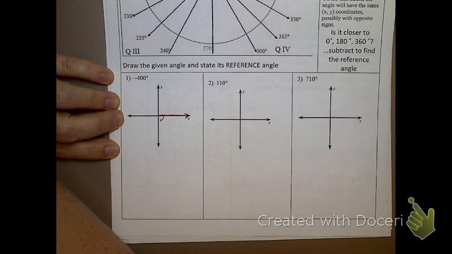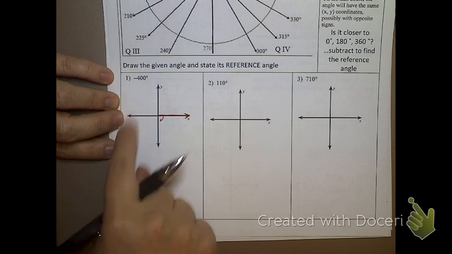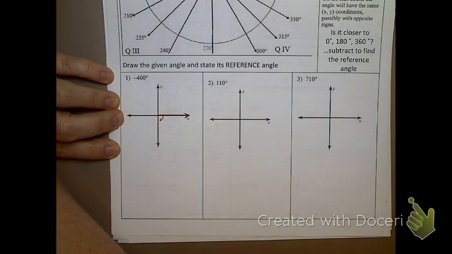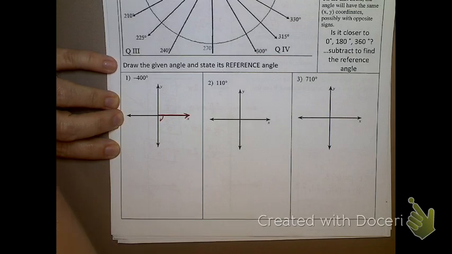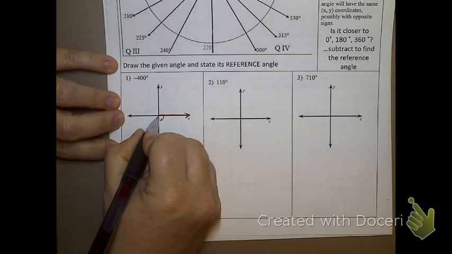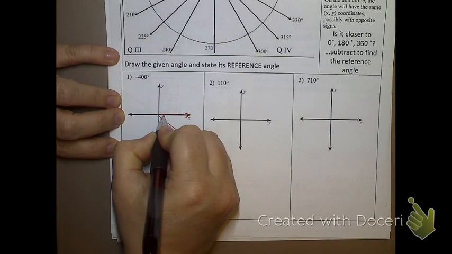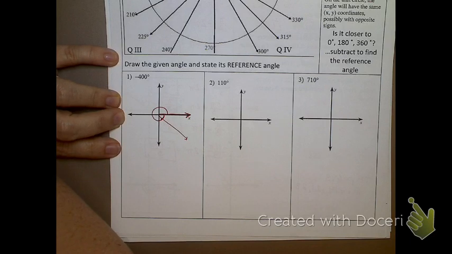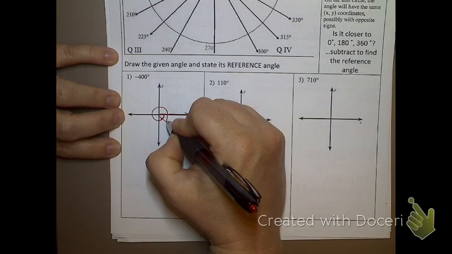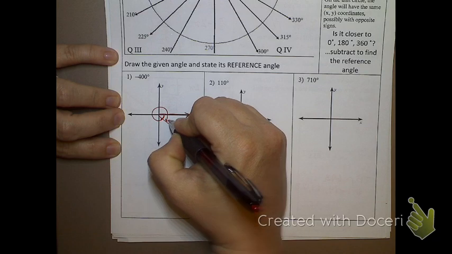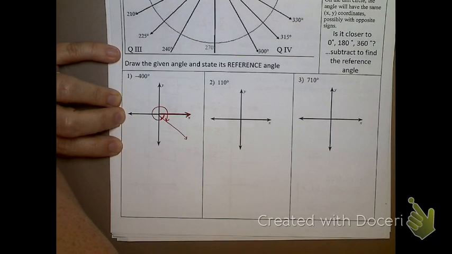What quadrant, 1, 2, 3, or 4, is my terminal side going to be in? Fourth quadrant. So it's going to be right about near the middle, because this right here would be what? Negative 360. And I have to go a little bit past that to get to negative 400. Questions about that? Beautiful.